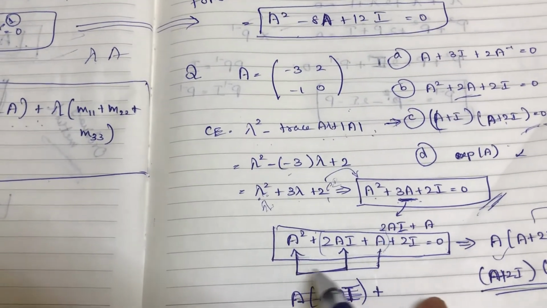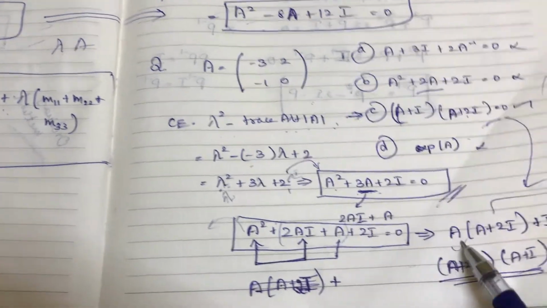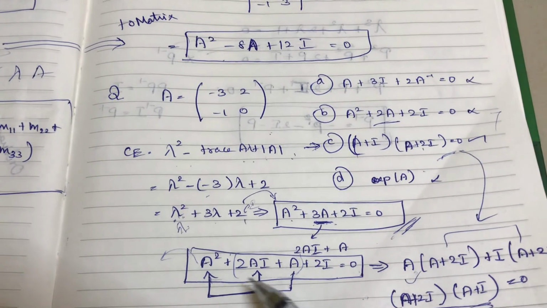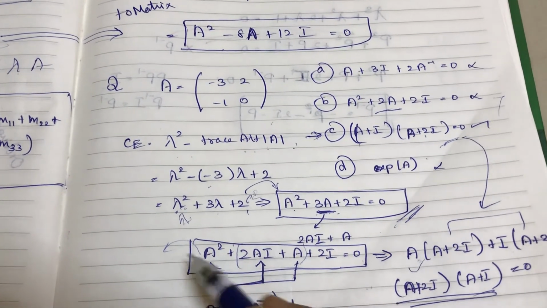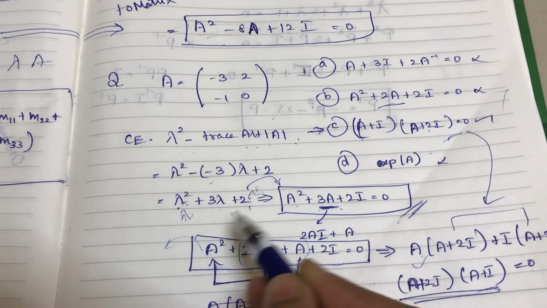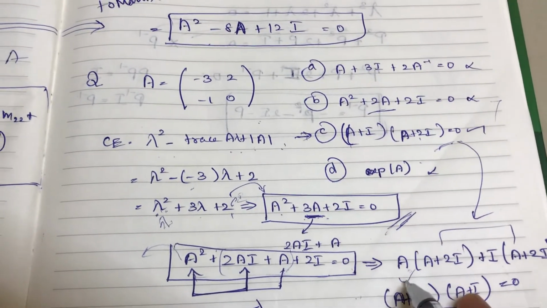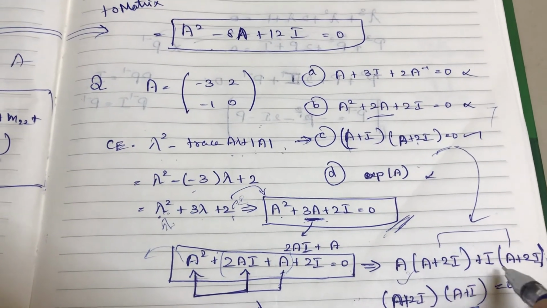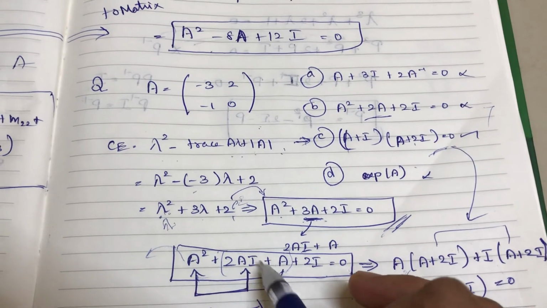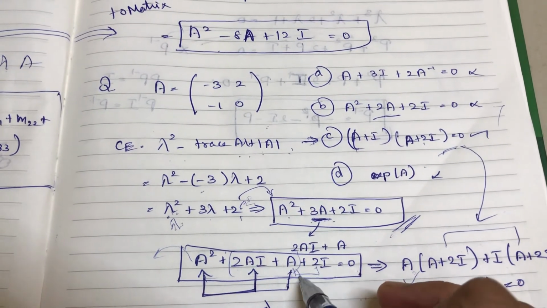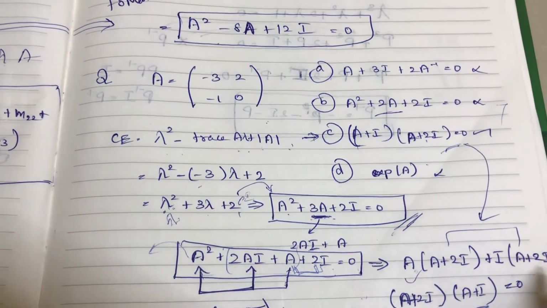Next, I have to compare the first two terms, and I have to take the A outside. So I have taken A outside: A into A plus 2I, plus I into, just take the I here. We don't need to take actually A plus 2I, the same appears here.